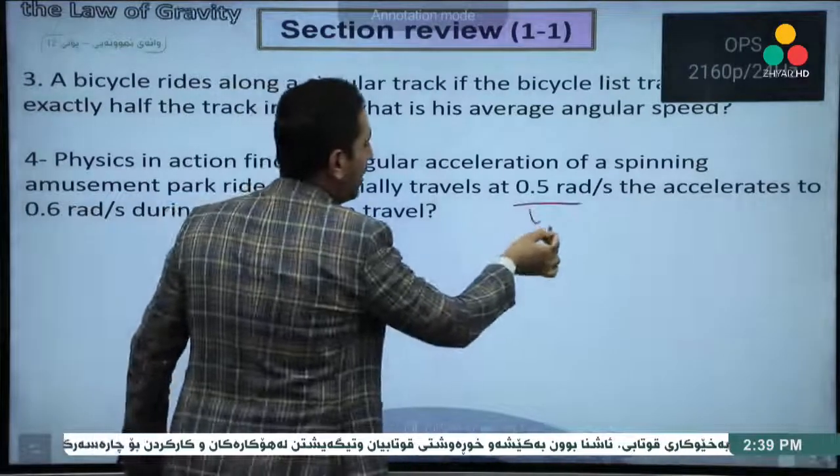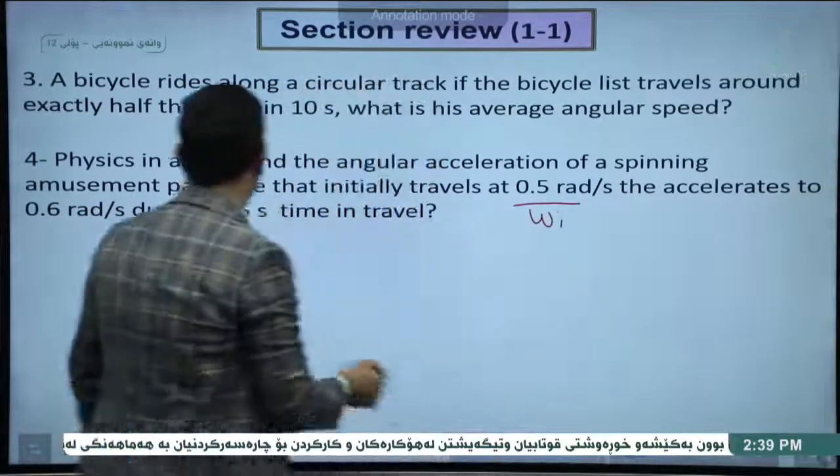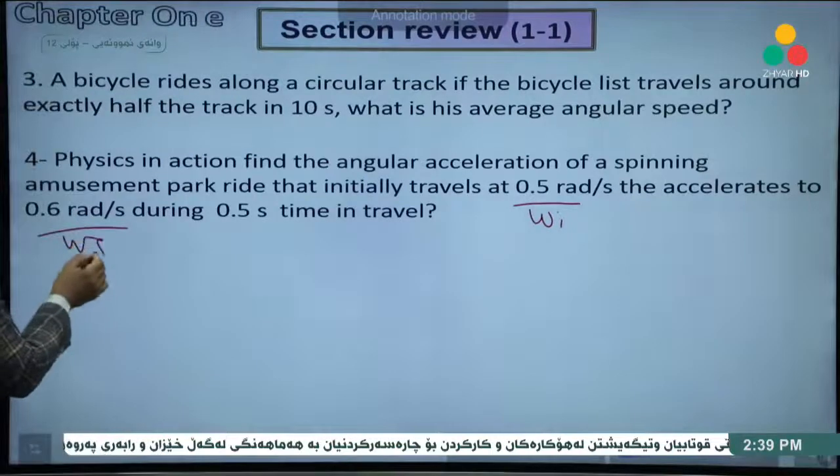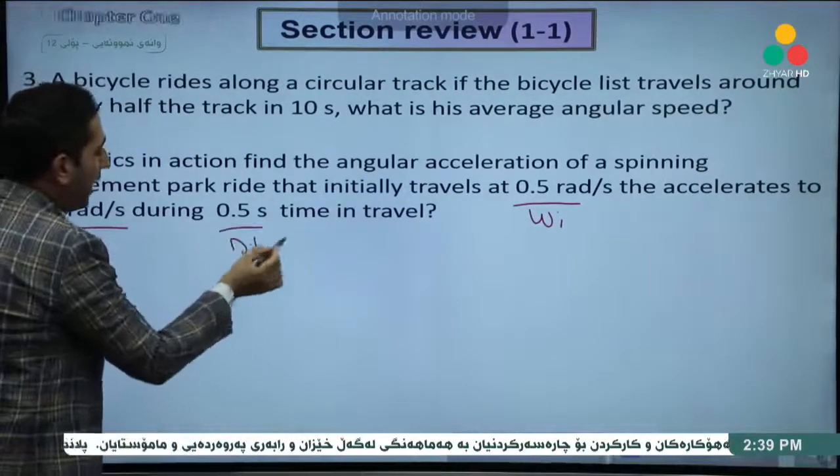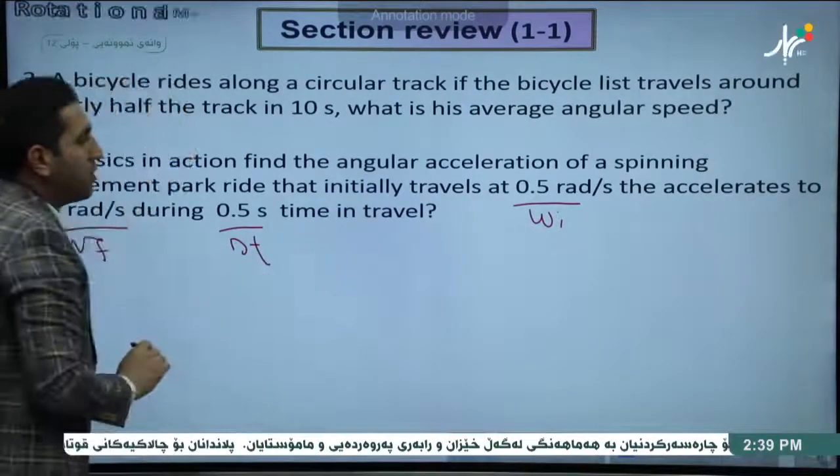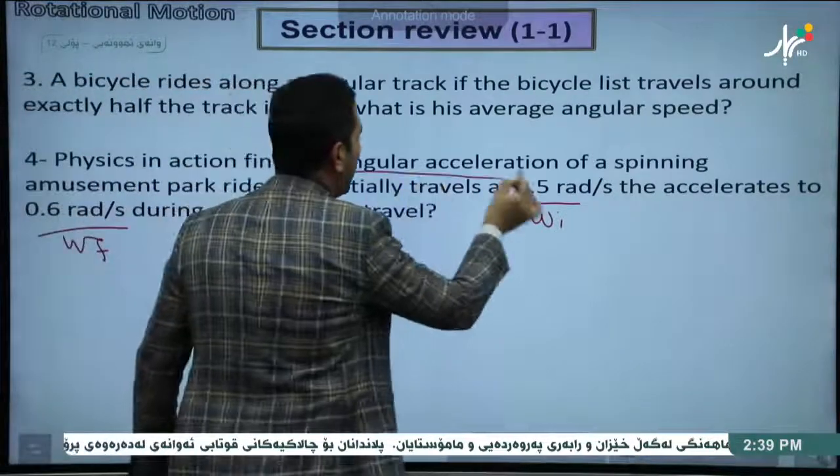This is omega initial and this is omega final, and this is the time. Find the angular acceleration.